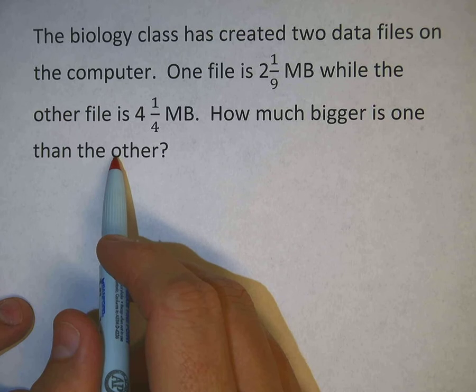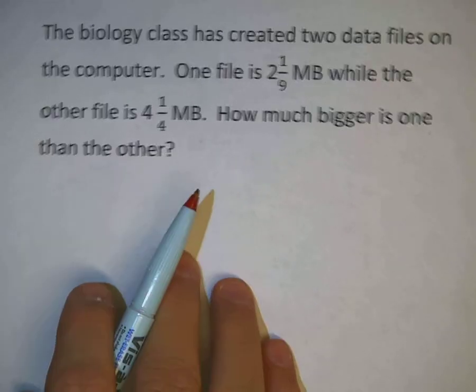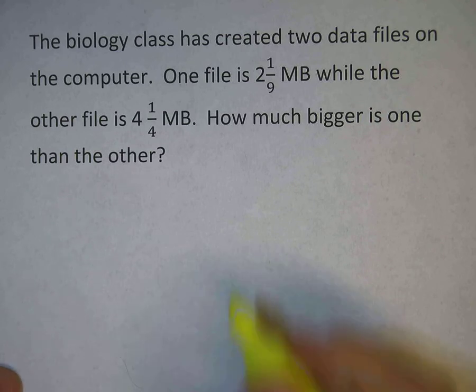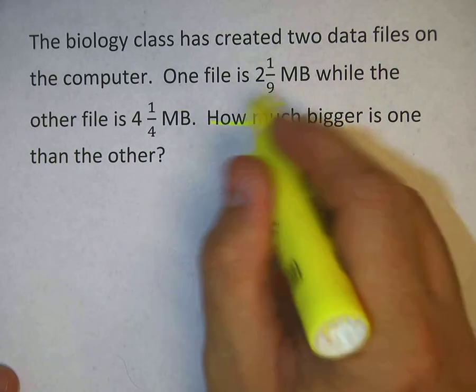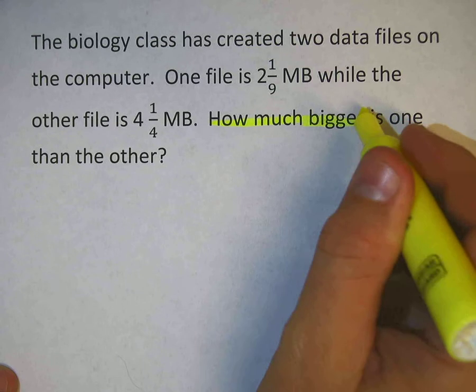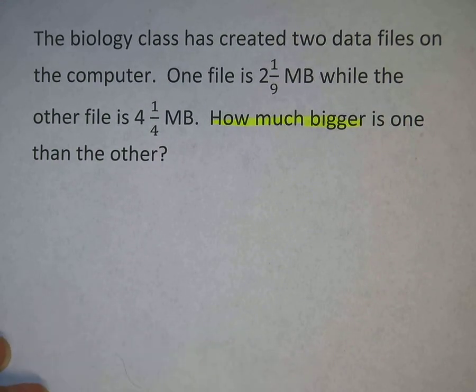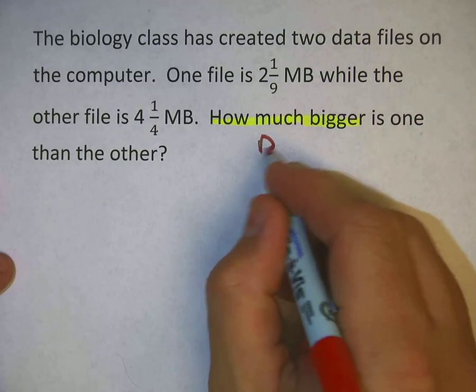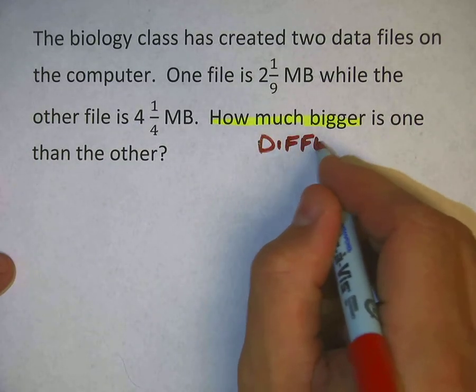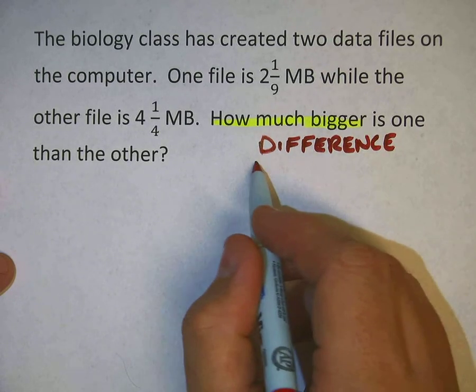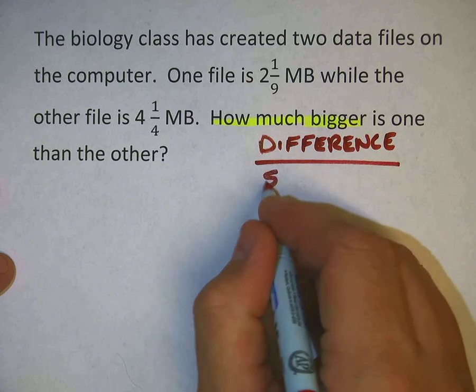One of the things that I encourage you to do is to go through these word problems and look for key phrases or key words. How much bigger? How much taller than, how much greater than. You are looking at essentially the difference between one and the other, and that is the operation of subtraction.